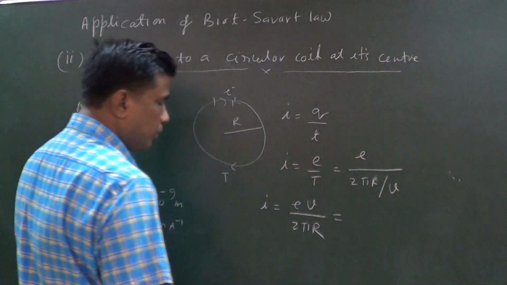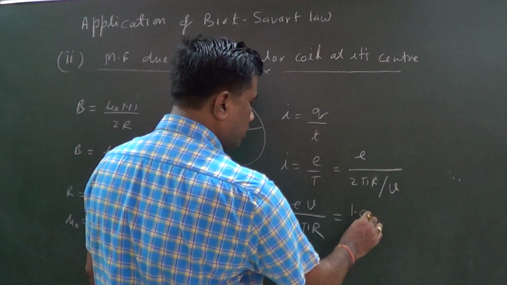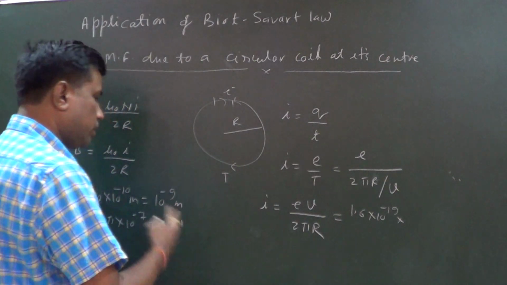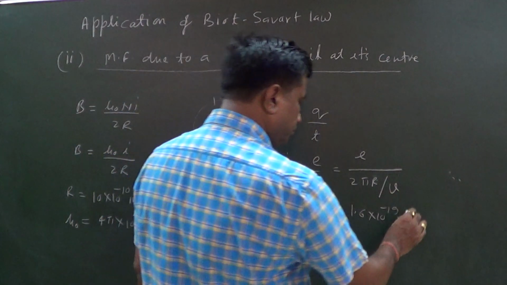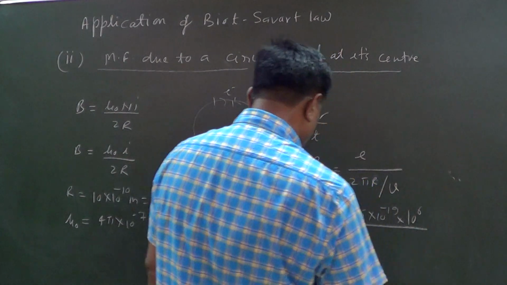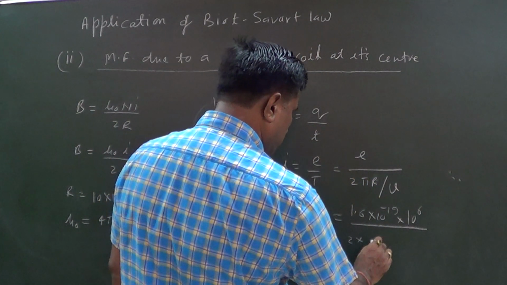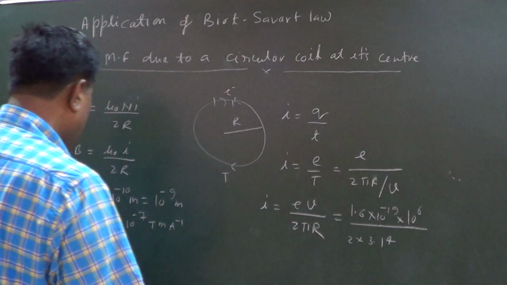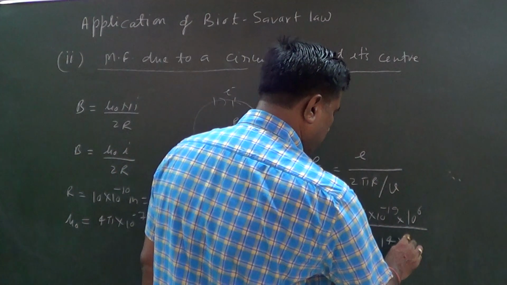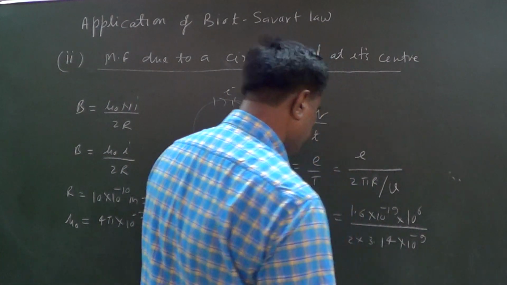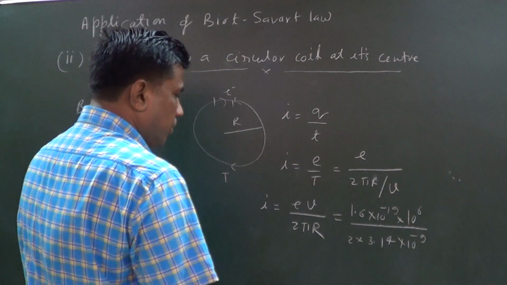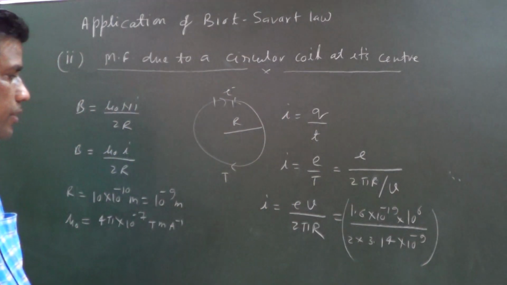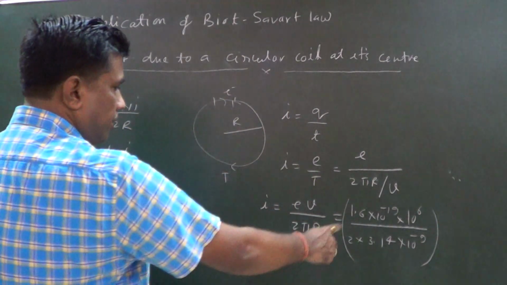Students, all of you know the value of e, 1.6 into 10 power minus 19 coulomb. Speed is 10 to the power 6, given in the question. And the value of pi is 3.14. Radius r is given, 10 to the power minus 9 meter. So we can write 10 to the power minus 9 meter. So the value of this current can be calculated with the help of this expression.